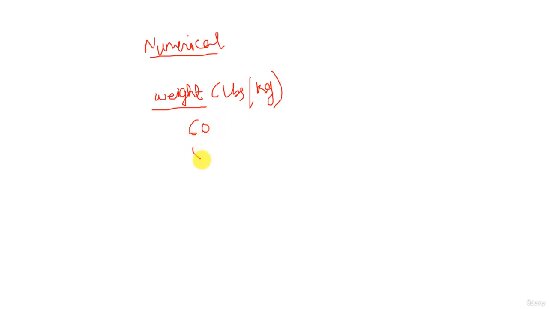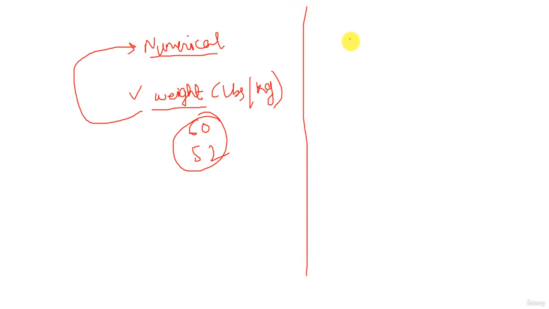They are simply numbers, something like if you measure your weight, in let's say pounds or kilograms. So they will be your numbers. Let's say you are 60 kg, or 52 pounds. Whenever any variables are measured in terms of numbers, they are called numerical variables.